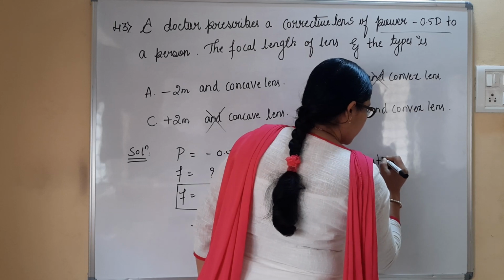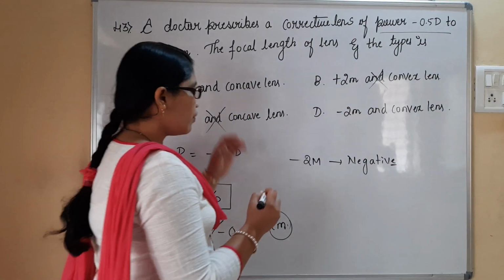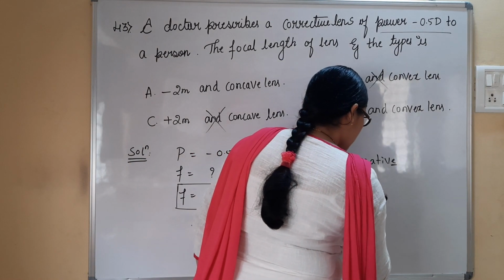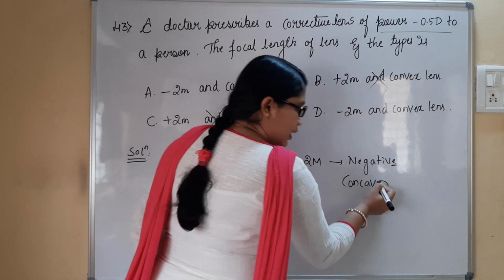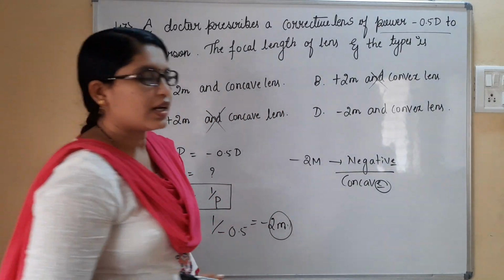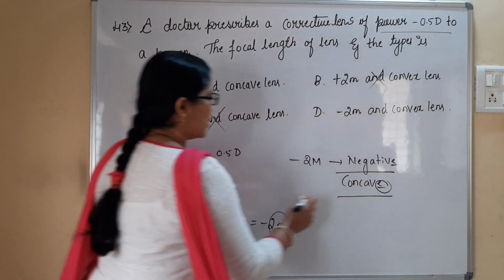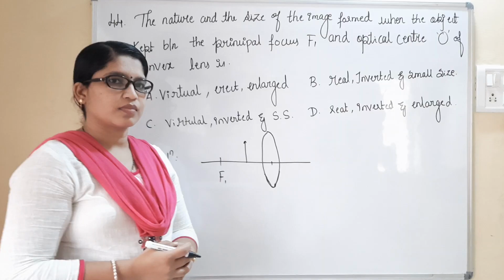Negative sign will have E. It is ending with an E. Similarly, when you consider concave, it also ends with E. So whenever negative values are coming, definitely it is going to be considered a concave lens. So with these options, the correct option is A.